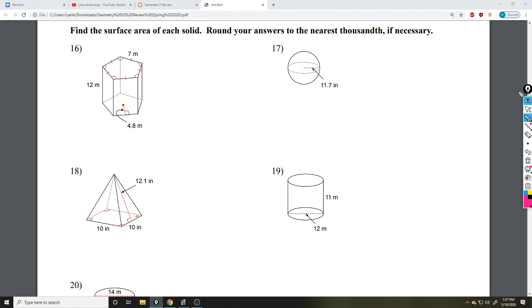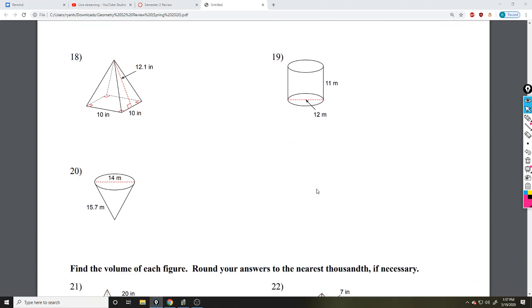Next. Since all these sides are the same, that makes this a square pyramid. Square pyramid.